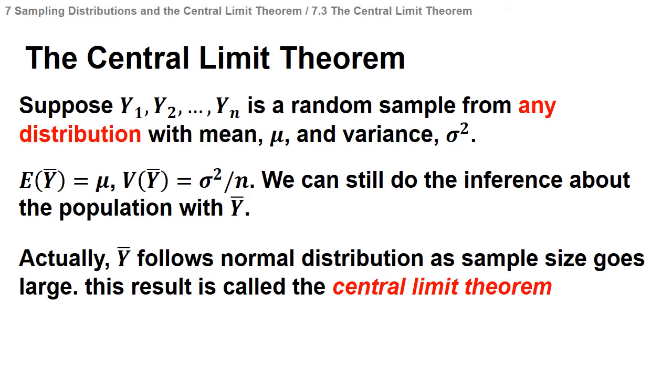We can still do inference about the population with y bar, even if we don't know the distribution of yi. If we know that all the yi's are independently sampled from the same distribution, with mean mu and variance sigma square, then we can do inference about y bar.